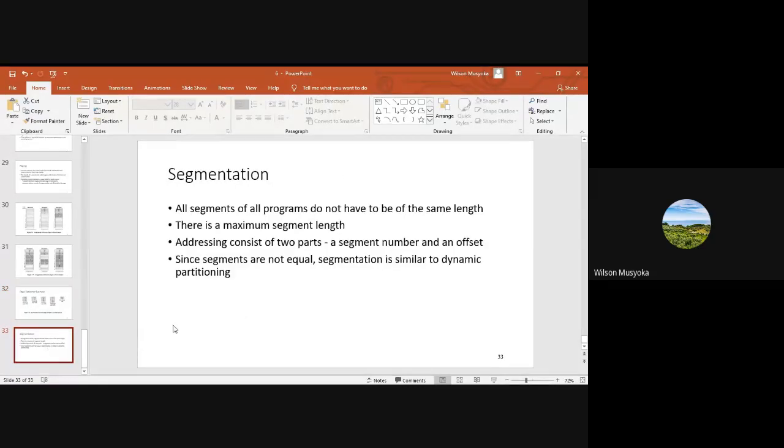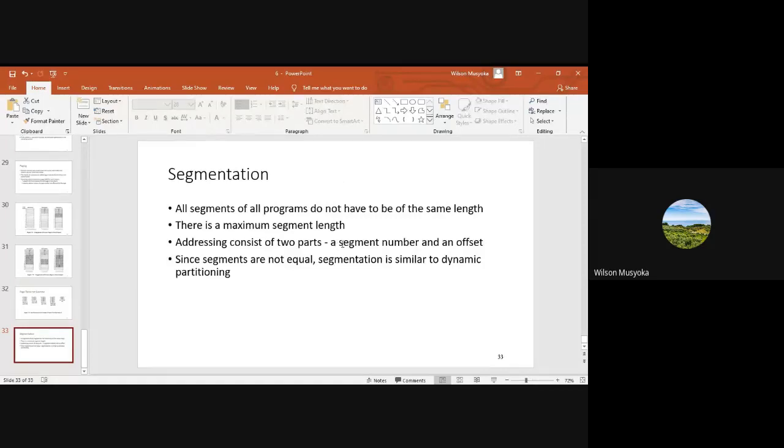And then we have segmentation. Segmentation is whereby all the parts of the program are going to be divided into small portions, and these portions are going to be given some length, and this length is divided into two parts.